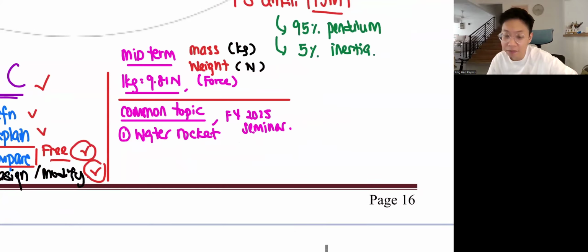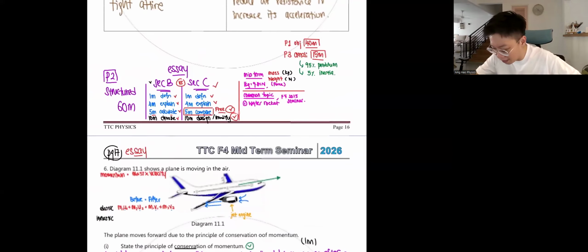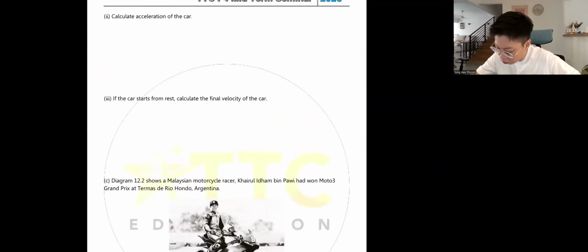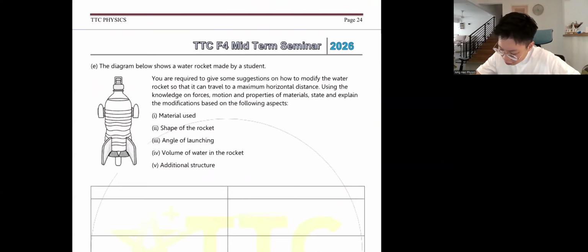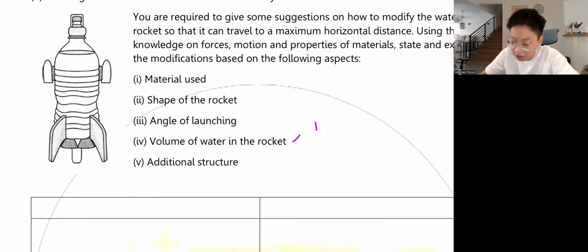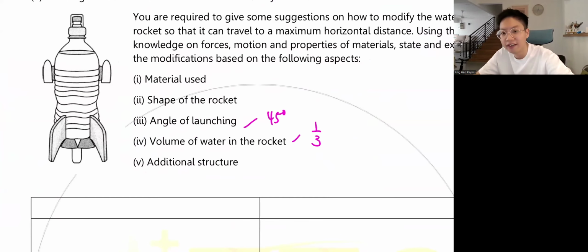Because there's going to be things that they'll ask you. So the water need to put how much? The angle is how much? Okay, like for example, I show you, like they ask you, the volume of water is how much? Is 1/3. The angle is how much? 45 degrees. The shape is what?